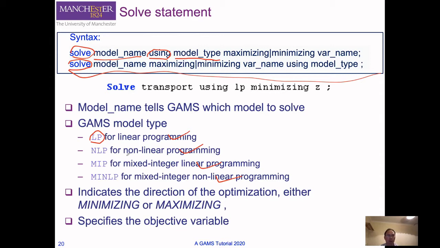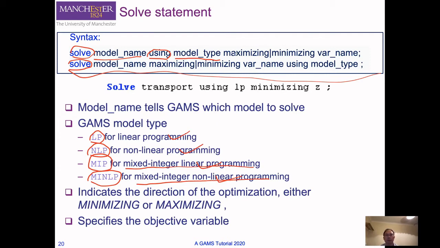If your model is a nonlinear programming model, then NLP is used. Similarly, if your model is a mixed integer linear programming model, then MIP should be used. If the model is a mixed integer nonlinear programming model, then MINLP should be used in the solve statement to denote the model type.